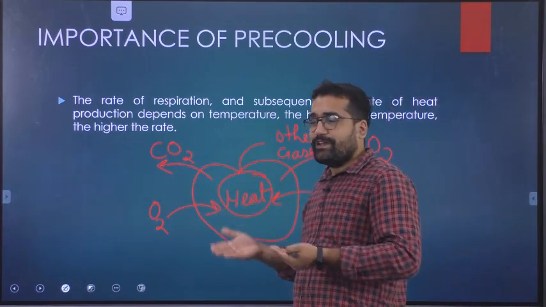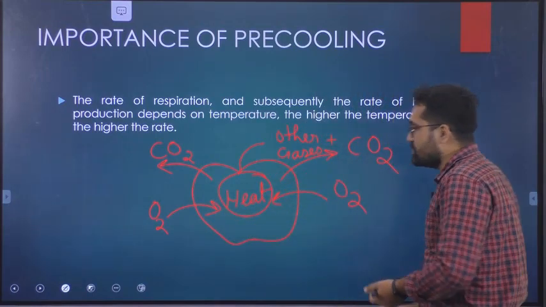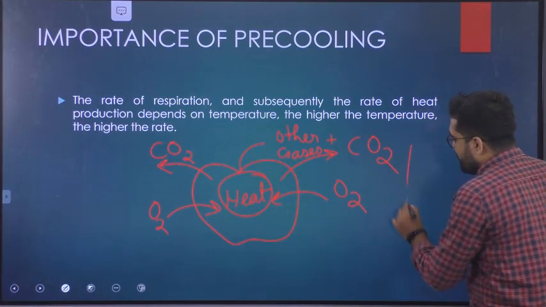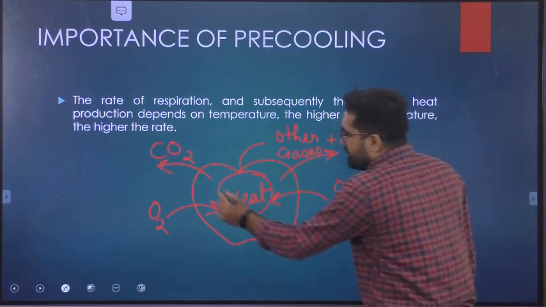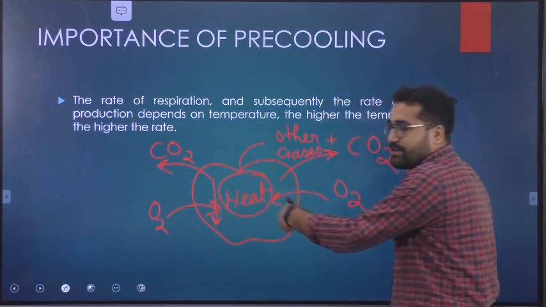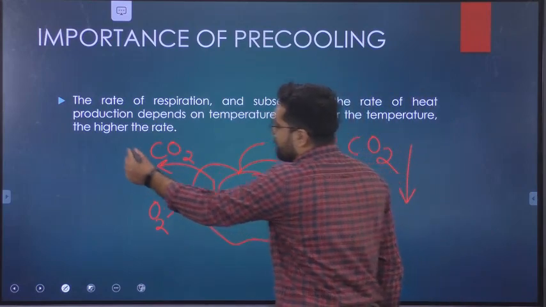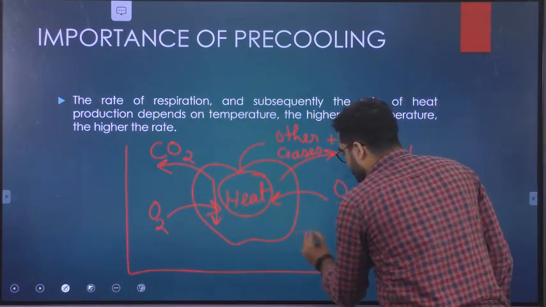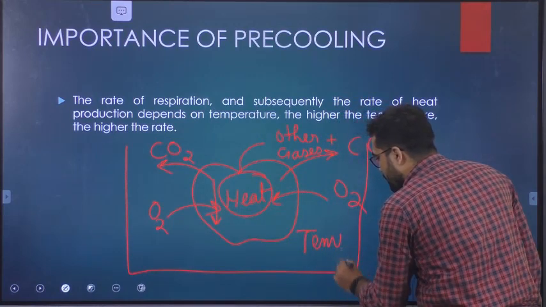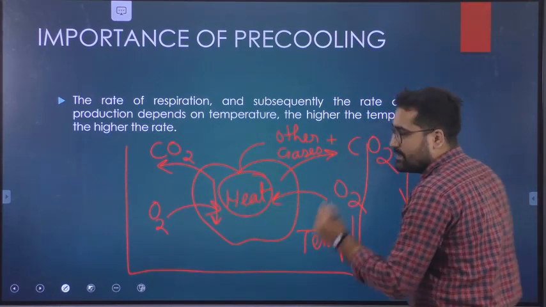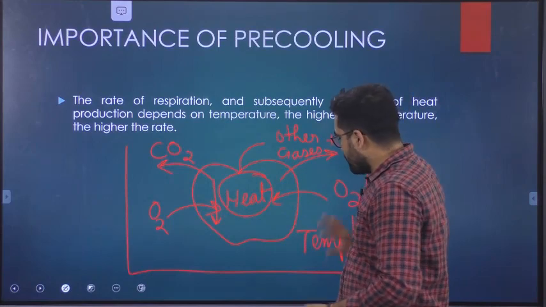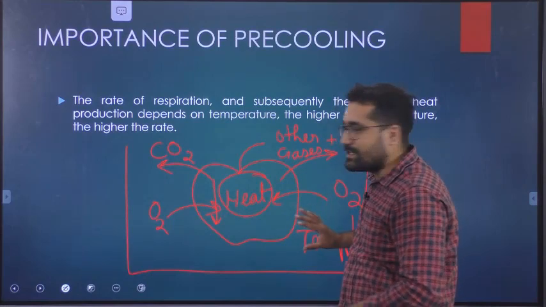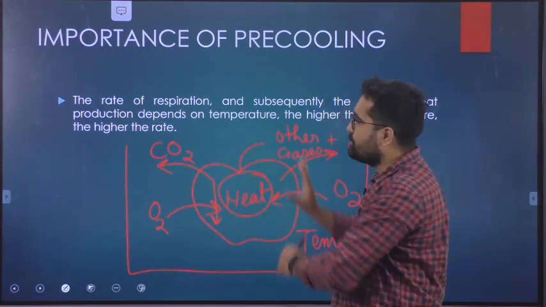So we need to reduce the respiration rate, and we can do that by reducing the heat, which we can do by reducing the temperature of the ambient conditions. For this purpose we need pre-coolers.